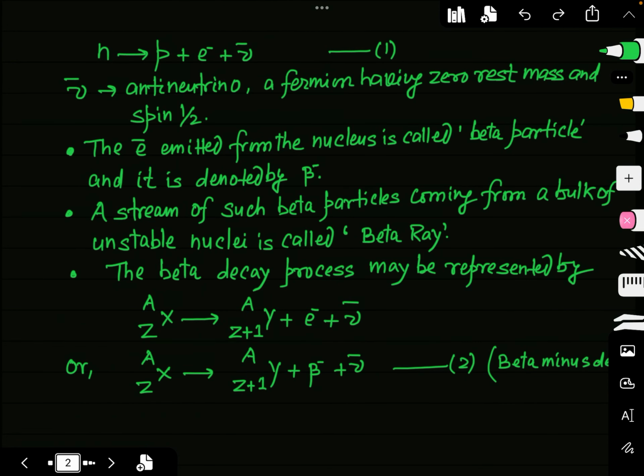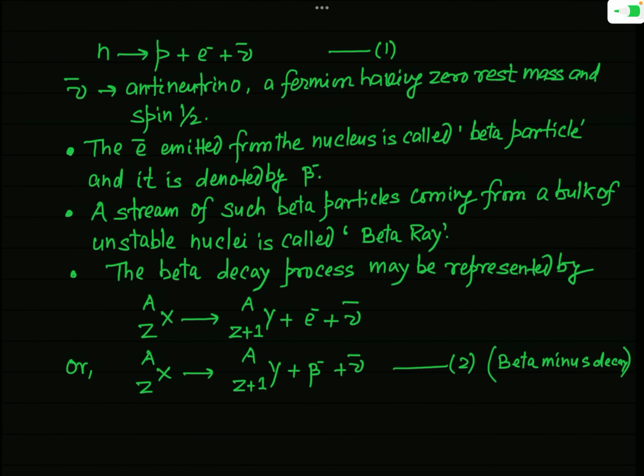So the process is like this. You can see this is the neutron n, which has been converted into a proton, and at the same time the electron e minus and nu bar, this is antineutrino, have been created and emitted from the nucleus.